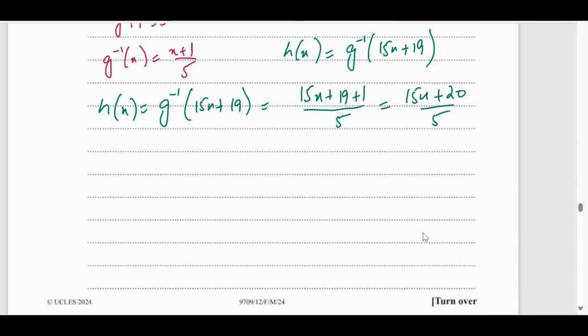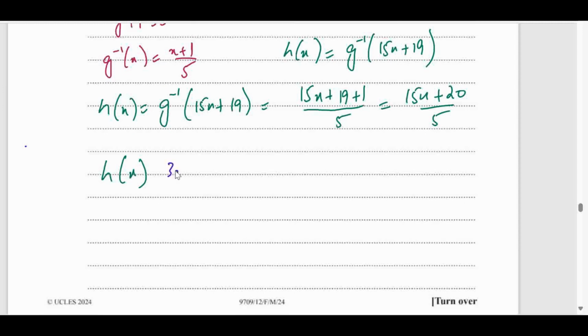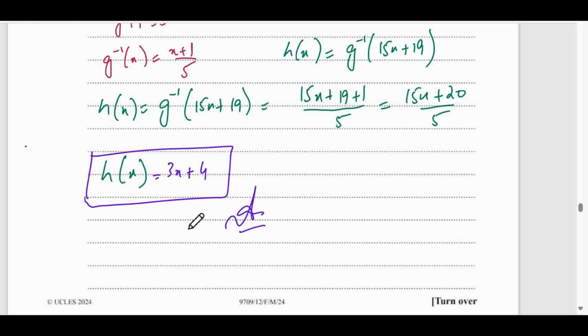So divide 5 on both sides. So h of x will be equal to 3x plus 4. So this will be the final answer. I hope that the concept is clear. If you have any question, you can ask it in the comment section.